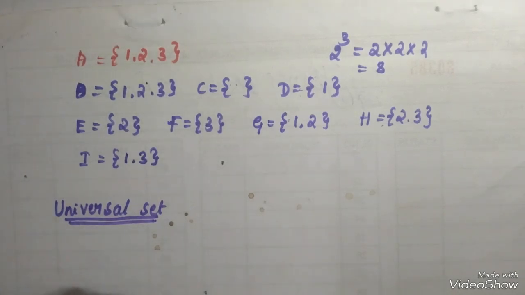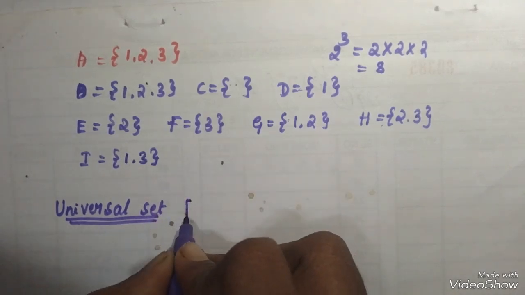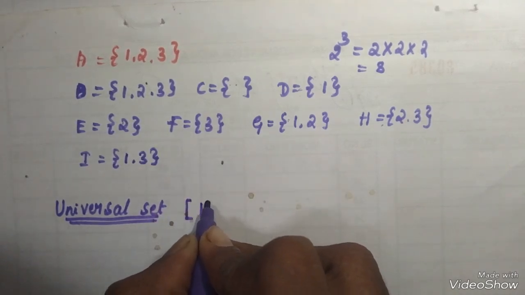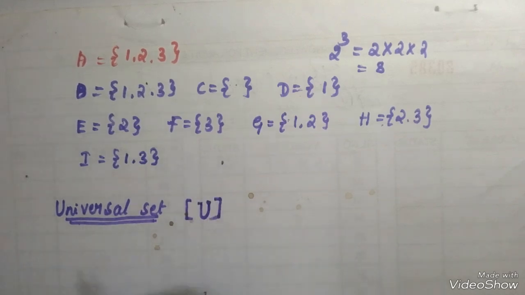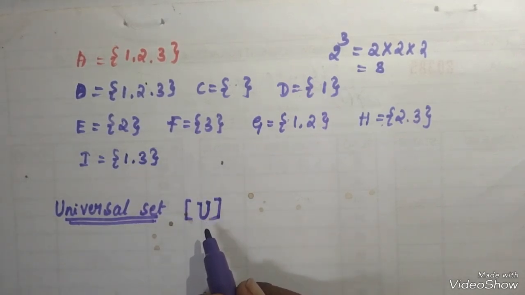It is a basic set containing all the relevant content. Then it is called a universal set. Usually the universal set is represented by a capital U.